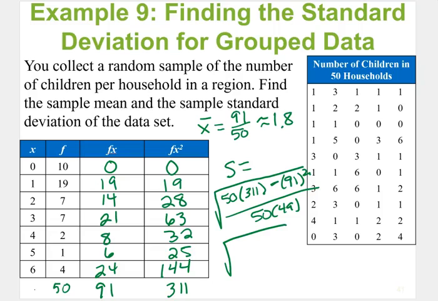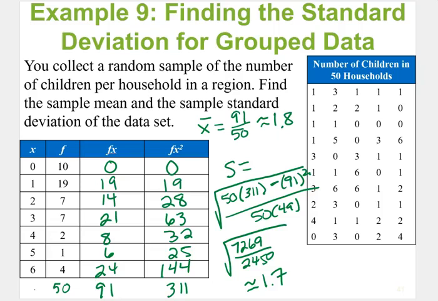So when you simplify your numerator, you should get 7,269, and when you simplify your denominator, you should get 2,450. So take the square root of that, and you should get about 1.7 children. So your standard deviation is about 2 kids. So the average was about 2 kids, and the standard deviation is about 2 kids.